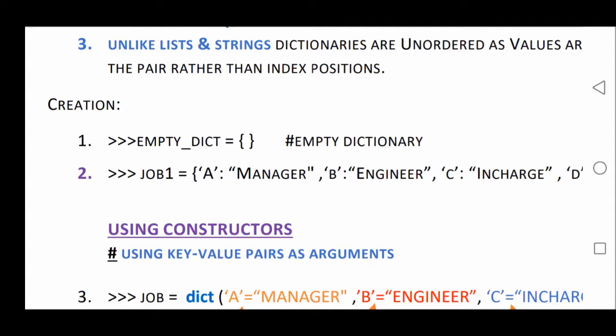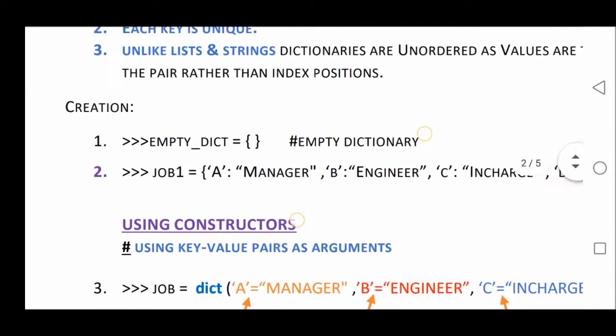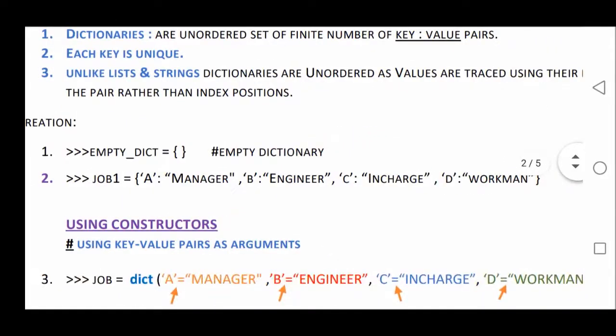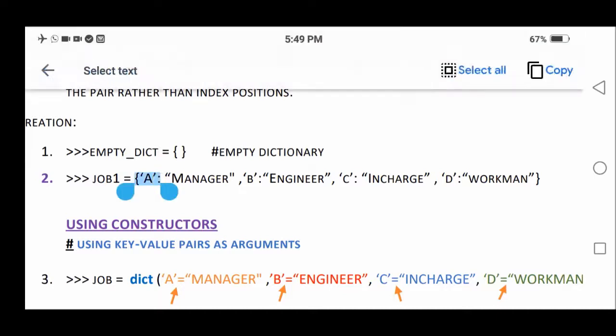Fine. Next example, the second example, we can see here a dictionary has been created, and in the curly braces there are keys and there are values. Every key in the pair holds a relevant value. So the first pair is a combination of key A and value manager.